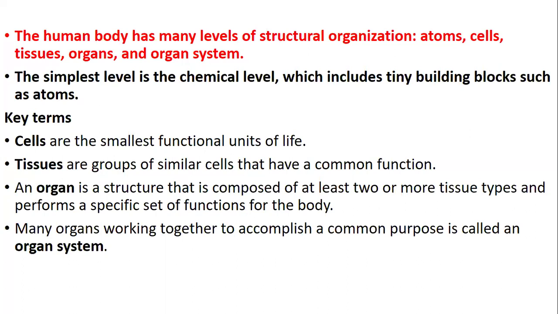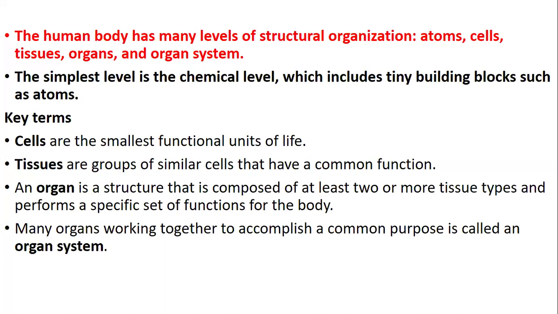Tissues are groups of similar cells that have a common function. And an organ is a structure that is composed of at least two or more tissue types and performs a specific set of functions for the body.